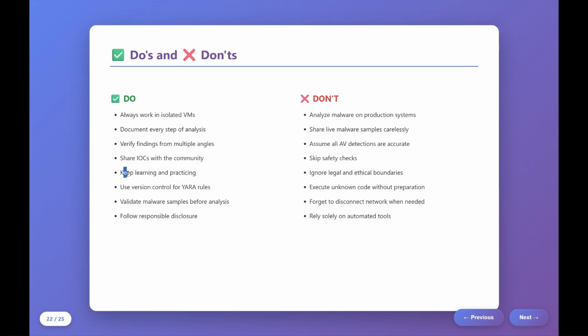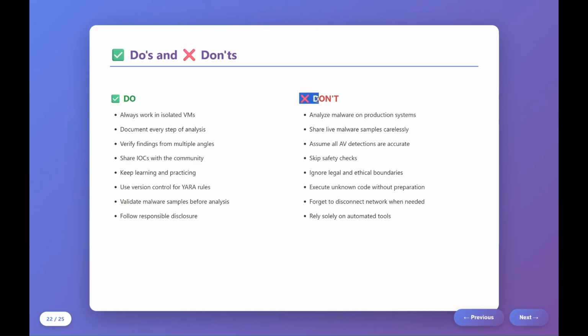Keep learning through lab challenges and new malware trends. Use version control, like Git, for YARA rules, scripts, and workflows. Validate malware samples using hashes and signatures before touching them, and follow responsible disclosure when reporting vulnerabilities or threats.